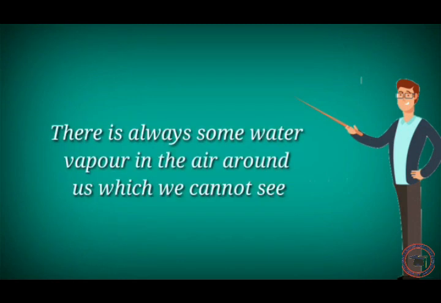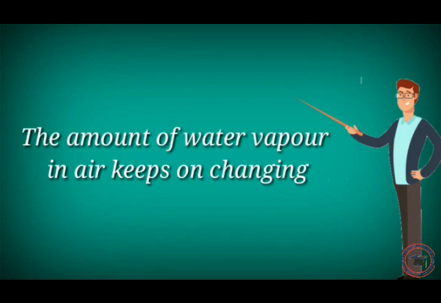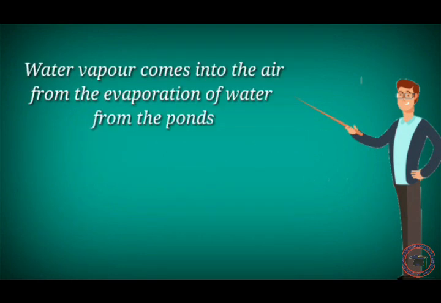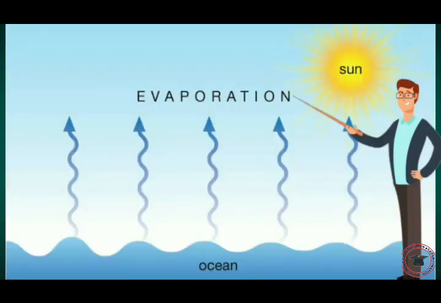There is always some water vapor in the air around us, which we cannot see. The amount of water vapor in air keeps on changing. Water vapor comes into the air from the evaporation of water present in the ponds, lakes, rivers, and oceans.